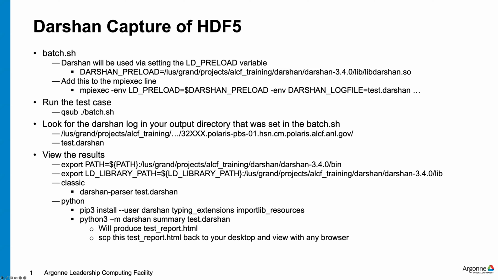This is to make sure we load the correct darshan-util. So again, this just points to the lib directory. Once you set these things, you should be able to find darshan-parser in your path, and you can type darshan-parser test.darshan. This is an ASCII output, so it will start dumping to your screen. You can pipe it through less and take a look at it.